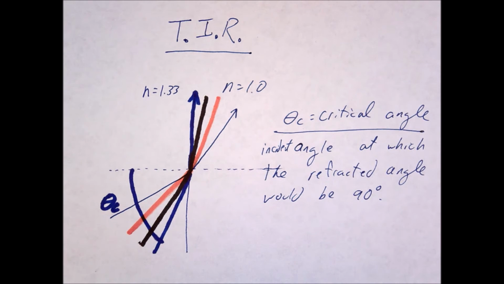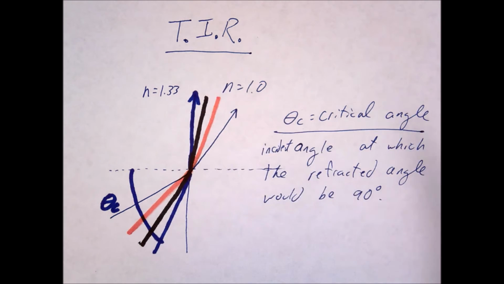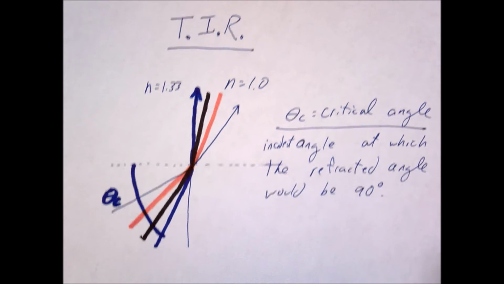So the question is, what happens when you go beyond? That's when we reach this state that's called TIR, or total internal reflection.